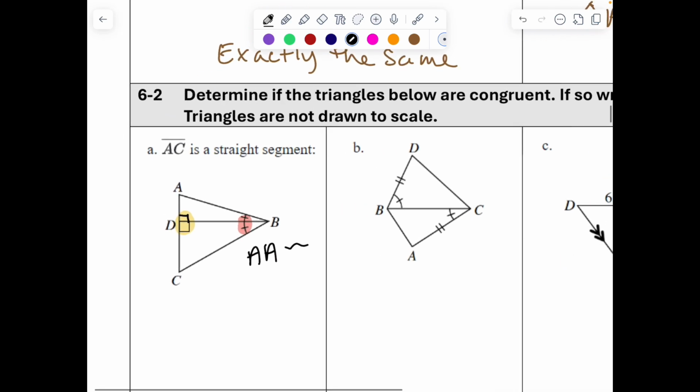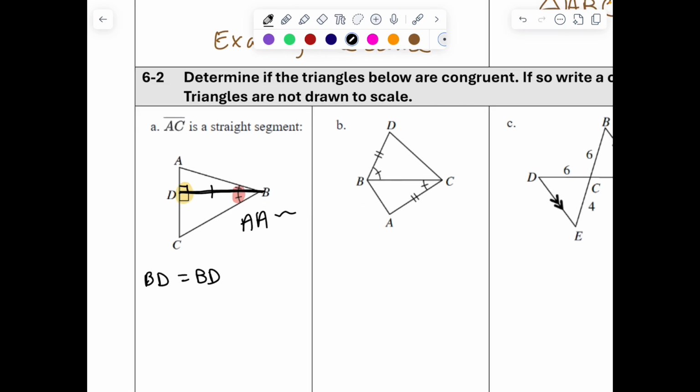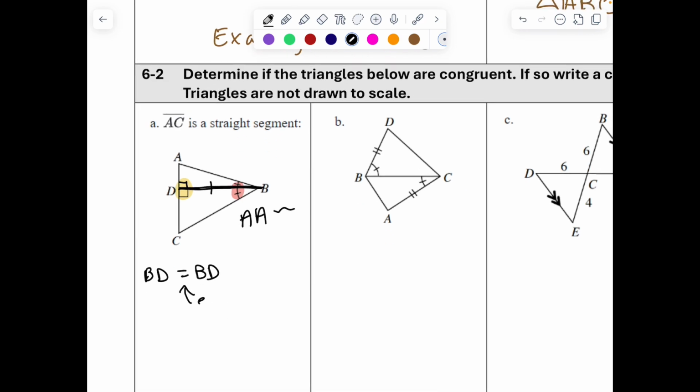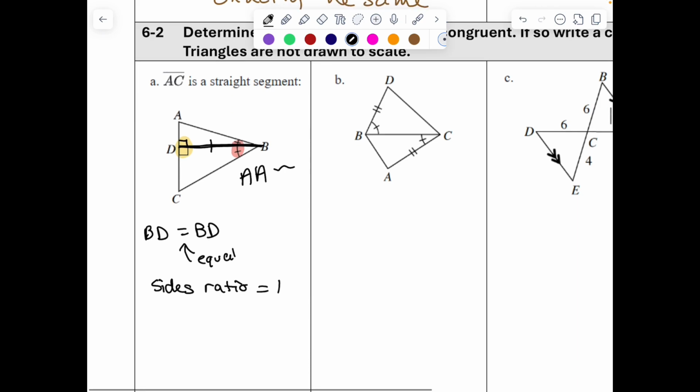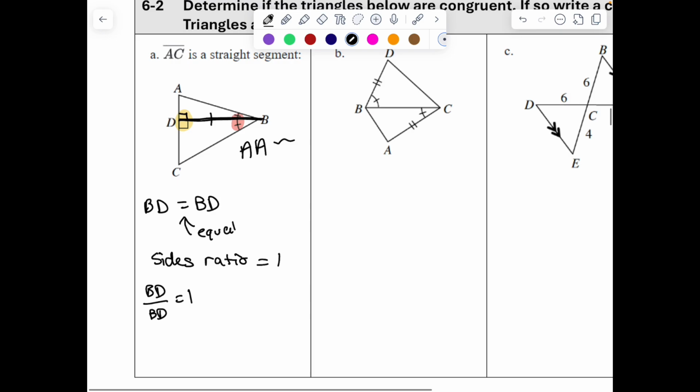And I also see that BD is the same as BD, right? BD equals BD. So because those sides are equal, that means all the sides have a ratio of 1, right? BD over BD equals 1. So therefore, yes, they are congruent.